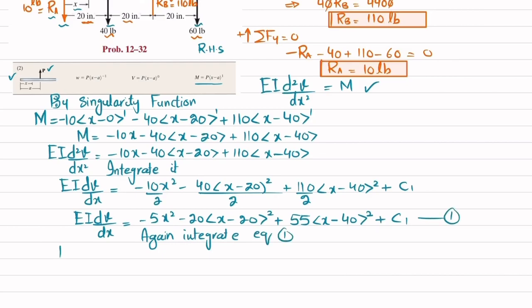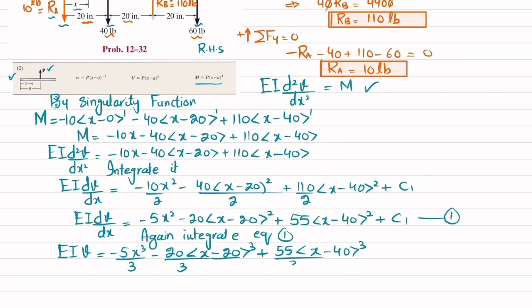So you will get EI into V is equal to minus 5x cube over 3 minus 20 into x minus 20 whole cube over 3 plus 55 into x minus 40 whole cube over 3 plus C1x plus C2.